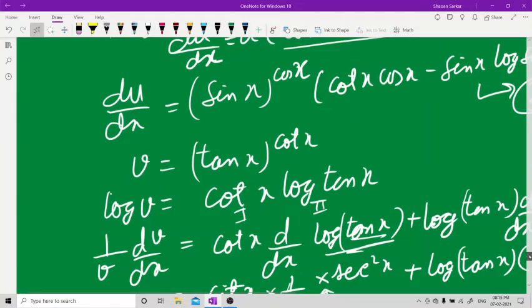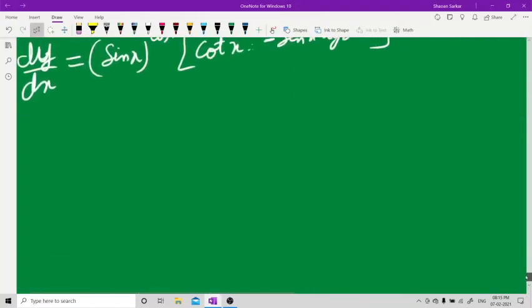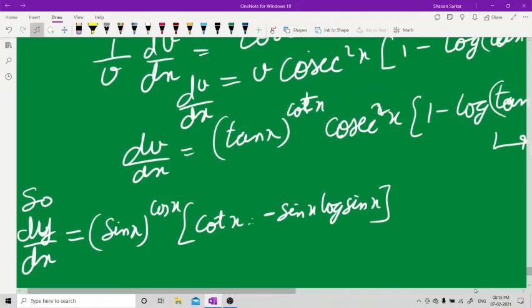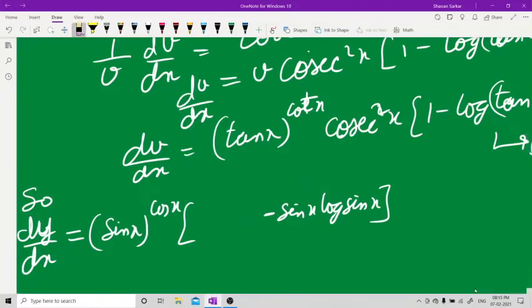Cot x cos x. Okay, sin x. Okay, fine. Yes, cot x cos x. Cot x cos x is cot x cos x.